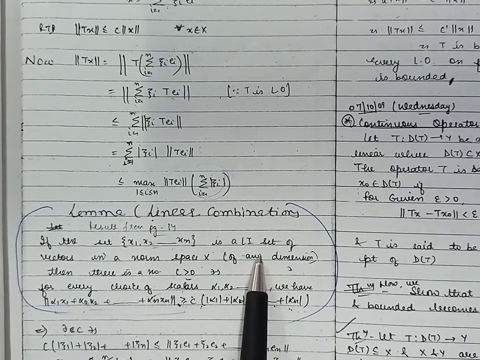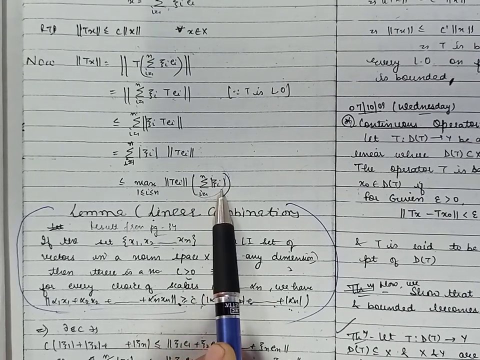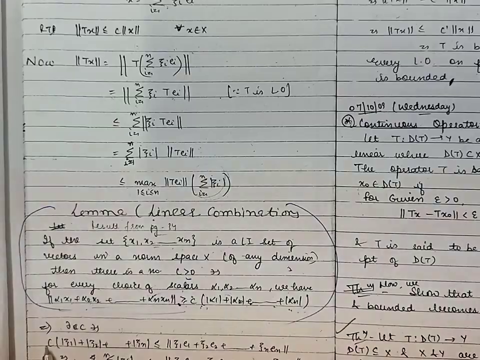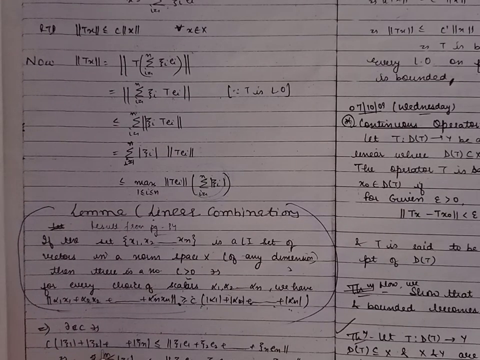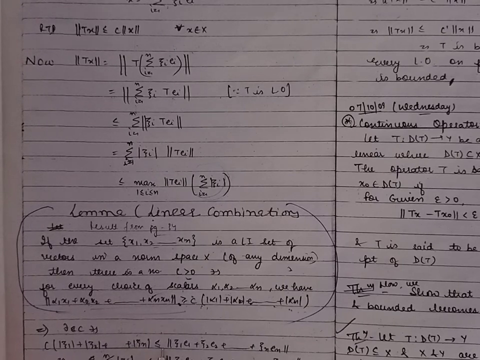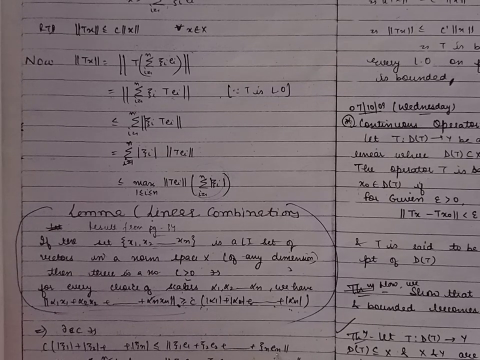Now using this lemma here, we can find the value of the summation of mod of xi_i. By this lemma, C times the sum of the absolute values of xi_i is less than or equal to the norm of the linear combination xi_1 e1 plus xi_2 e2 and so on up to xi_n en.